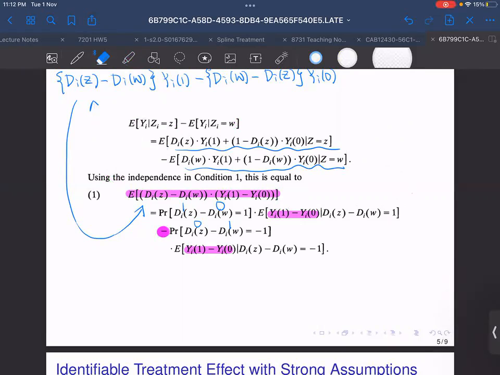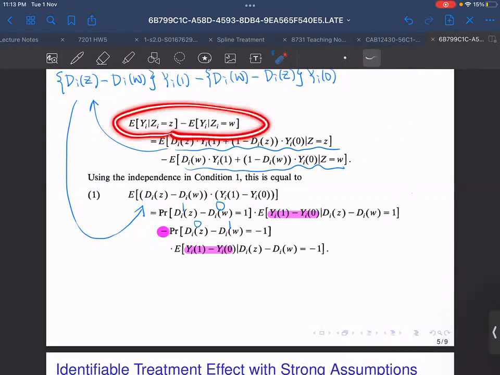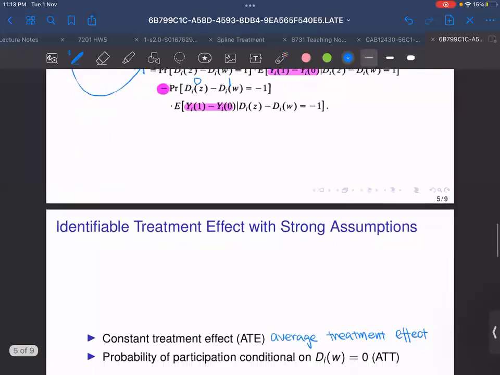So we have arrived that the difference between the average income of these two groups is equivalent to this expectation. And if we assume Yi1 and Yi0 have a constant difference, which is what we are assuming, right? We're assuming a constant treatment effect for every single individual. Then this is a constant. So we can write that expectation.